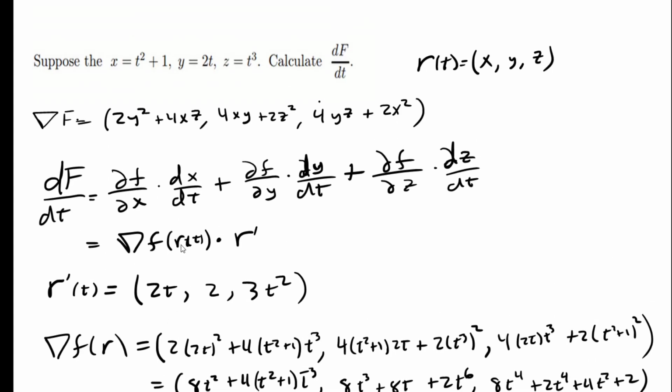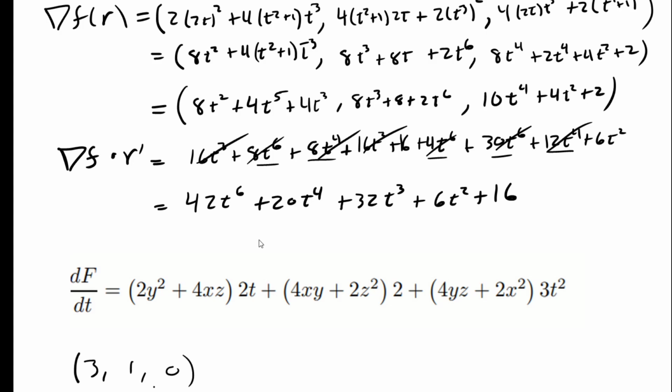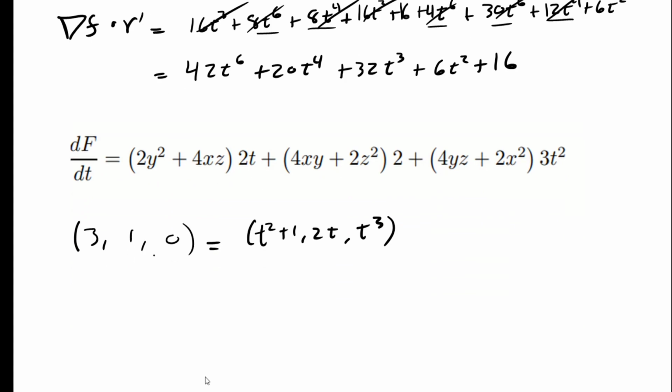So we have x, y, and z: t squared plus 1, 2t, and t cubed. Right, so we want to find the t that satisfies this. Actually, I have no clue if this isn't on there, so this would need to also be 0. I should find a harder point.